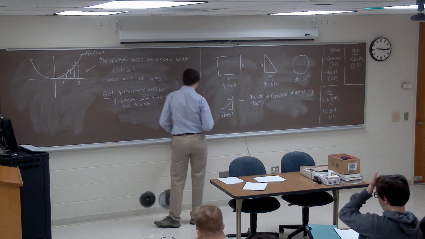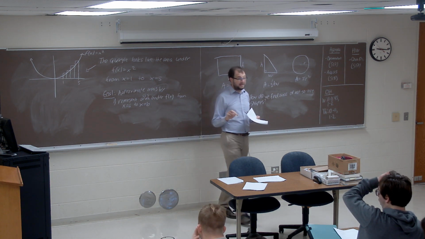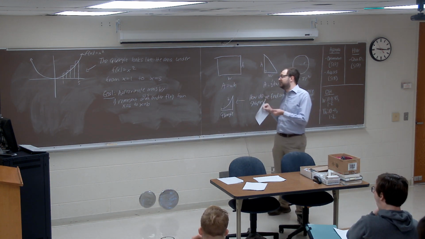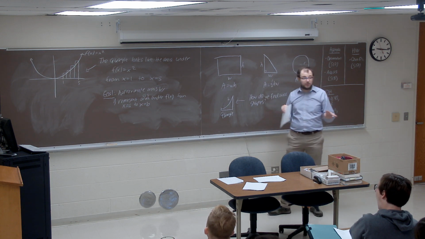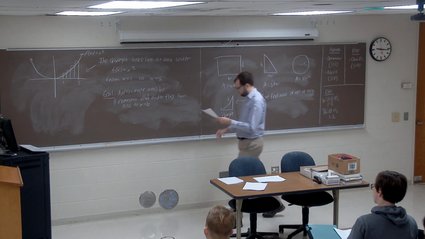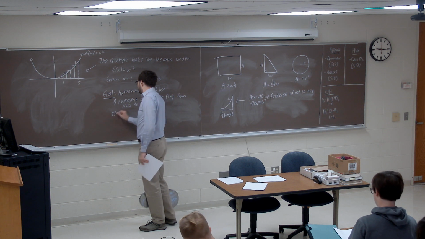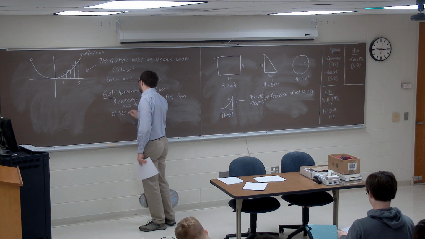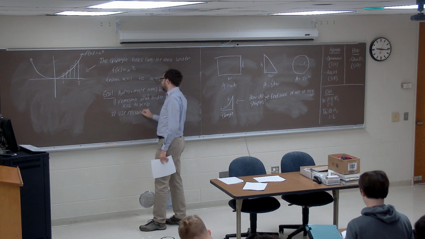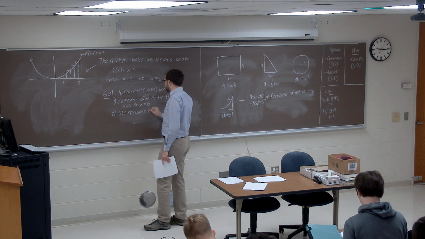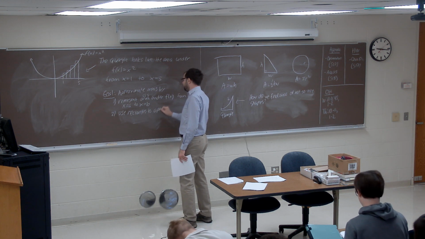For instance, we took our quargle here and represented it as the area under the function y equals x squared from 1 to 5. We're going to use rectangles to approximate this area.